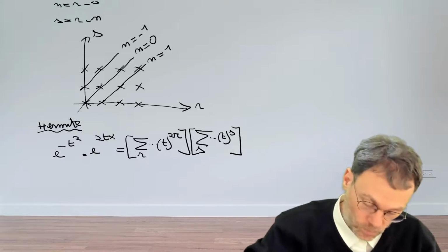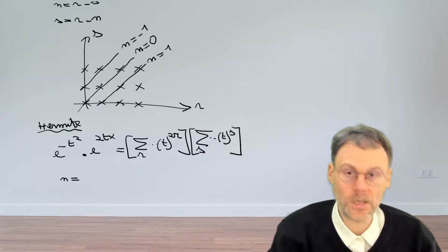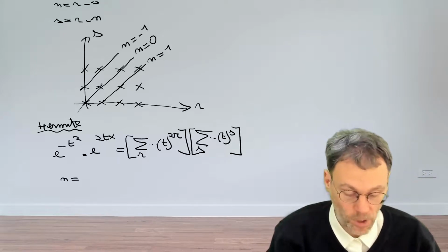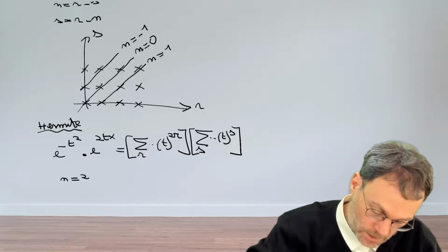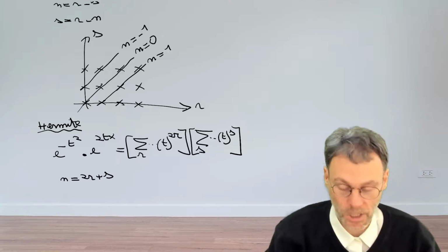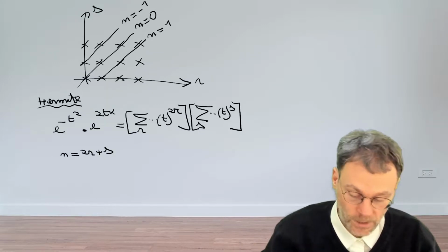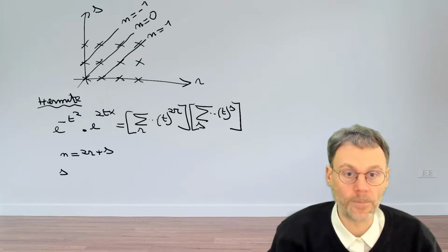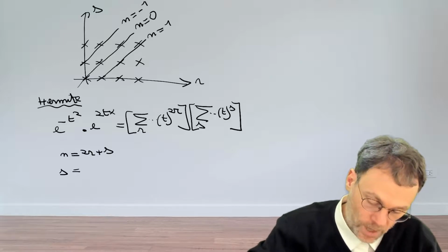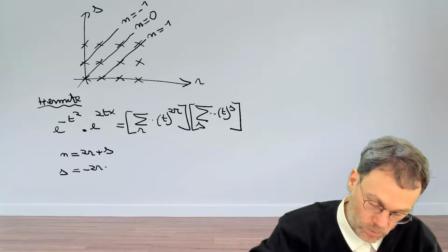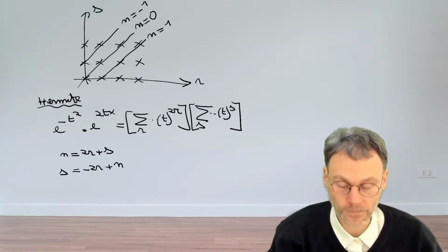Now in this case, when we want to collect like powers of t, as for example t to the power of n, then we need to make the substitution n is equal to 2r plus s. Or if we write s as a function of r, we have s is equal to minus 2r plus n.